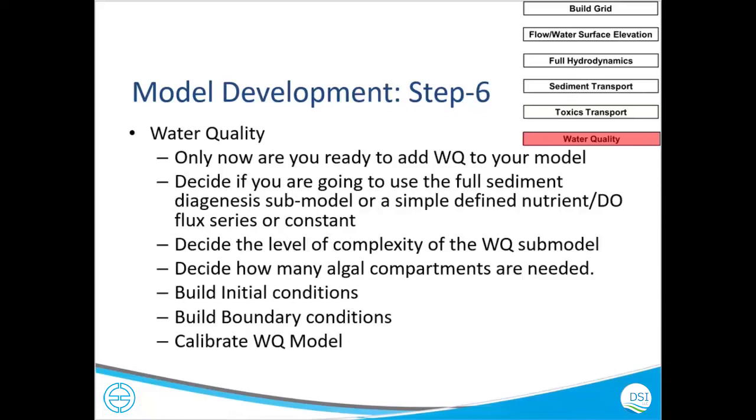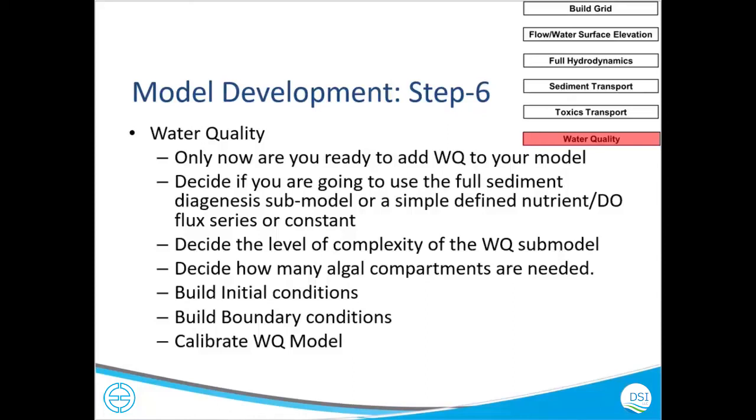For water quality, you need to have a temperature parameter turned on, because all the water quality parameters are tied to temperature. So in EFDC Explorer, if you have not activated the temperature, you will see the water quality is grayed out. So first you need to activate. It's just like giving the user guidance of what you need to have to run the water quality.